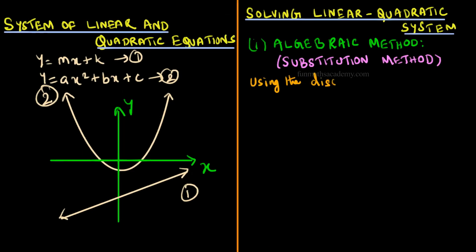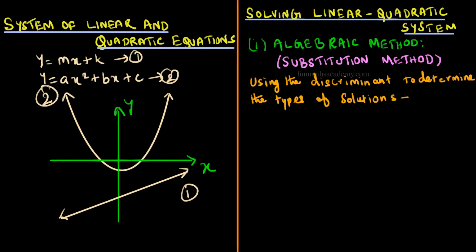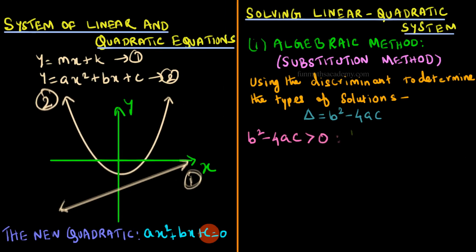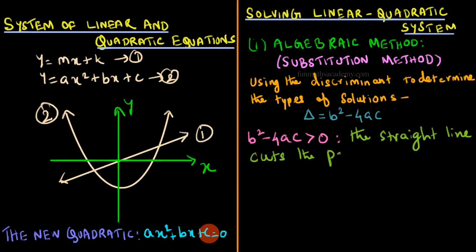To figure out what kind of solution we will get, we use the concept of discriminant here. Discriminant is found using the formula b squared minus 4ac. Once we substitute the values of a, b and c of the quadratic equation into this formula, if we get b squared minus 4ac to be positive, that is greater than 0, then we will get two solutions.